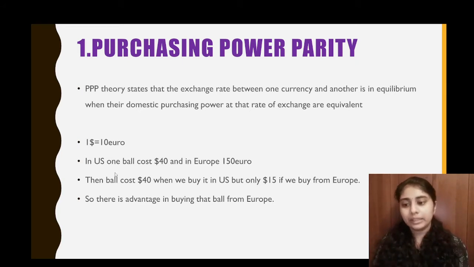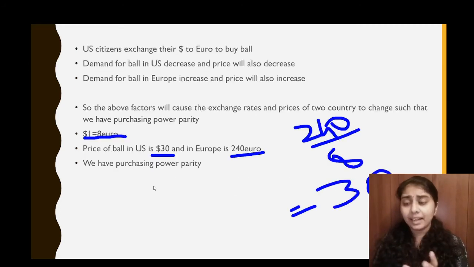So it means that the ball costs $40 when we buy it from America, but only $15 when we buy from Europe. So every customer will go and buy the football from Europe and not America. In that condition, first, the US citizens will exchange their dollar currency to euro currency to buy the football from Europe.